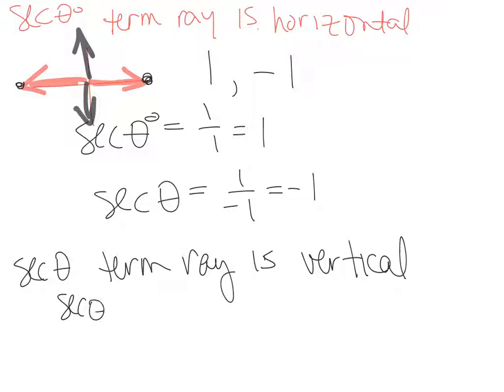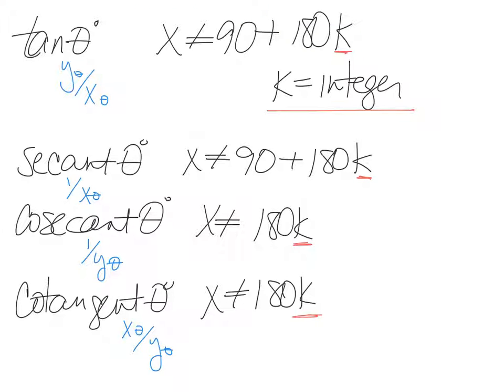So secant theta equals 1 over 0, which is undefined, or secant theta is negative 1 over 0, which is, again, undefined. Okay, let's take a second to review this. It's sort of a summary of domains.